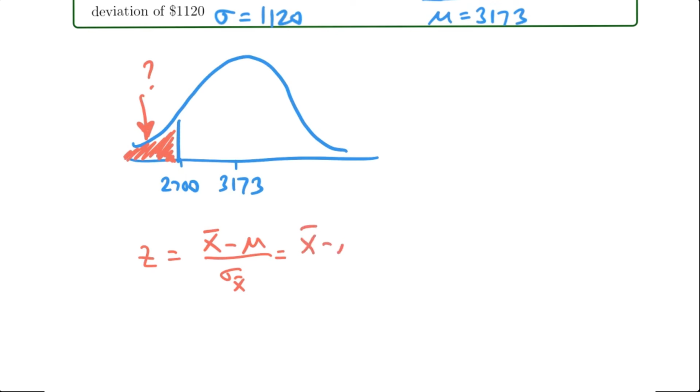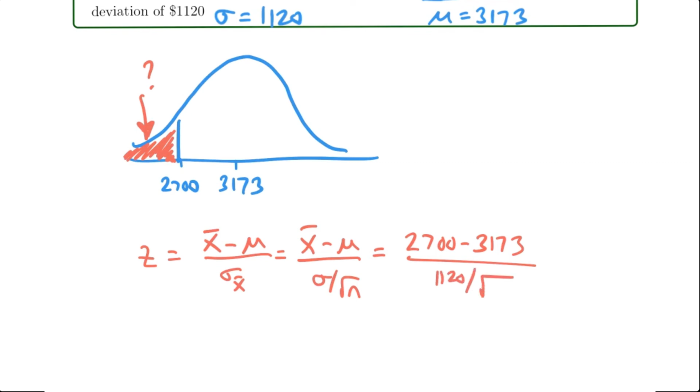And I'm actually going to write out the full formula here, just because I haven't done that yet. And that's going to be 2,700 minus the mean of 3,173 over 1120 over the square root of 25.